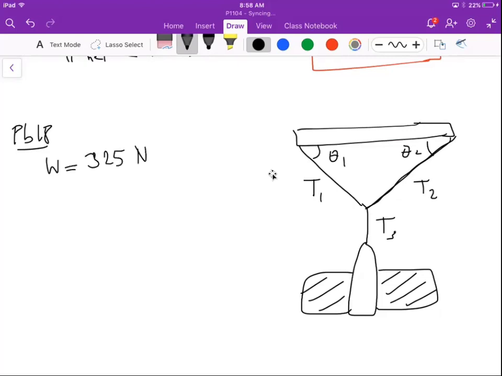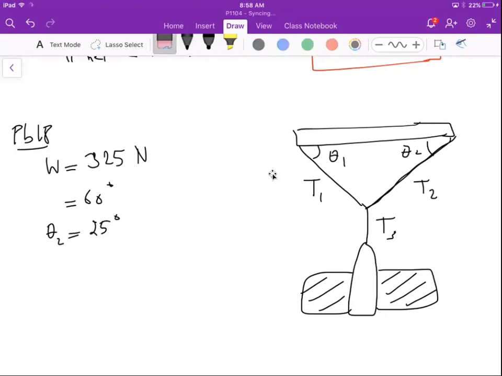So this bag of cement hangs from 3 wires as suggested in this figure. 2 of the wires make angle theta 1 equals 60 degrees and theta 2 equals 25 degrees with the horizontal.